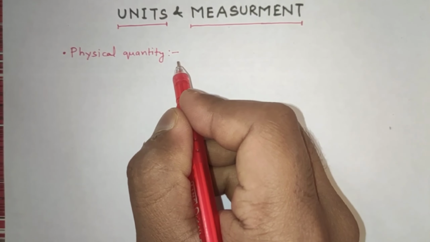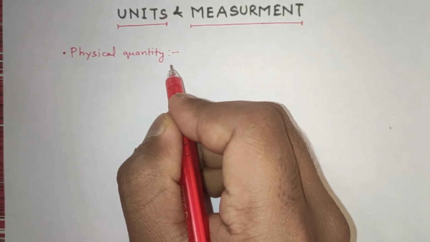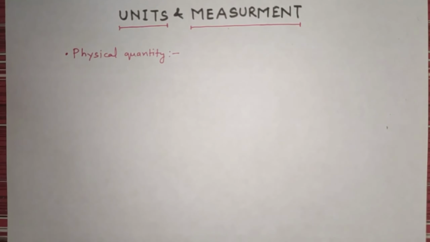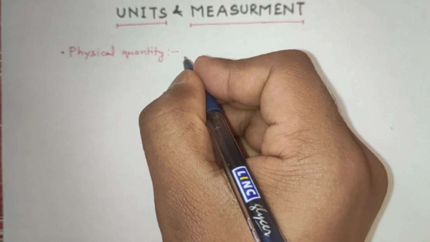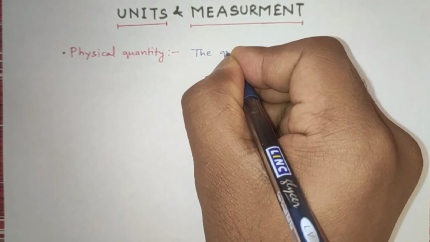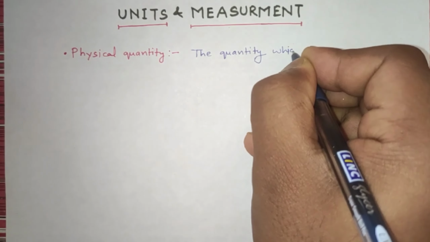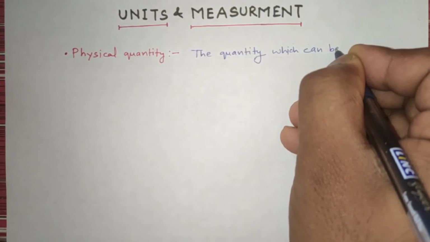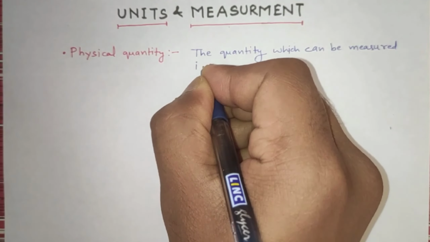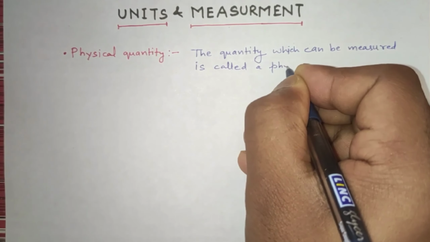So how can we define this? The quantity which can be measured is called a physical quantity. So we can define it as the quantity which can be measured is called a physical quantity.